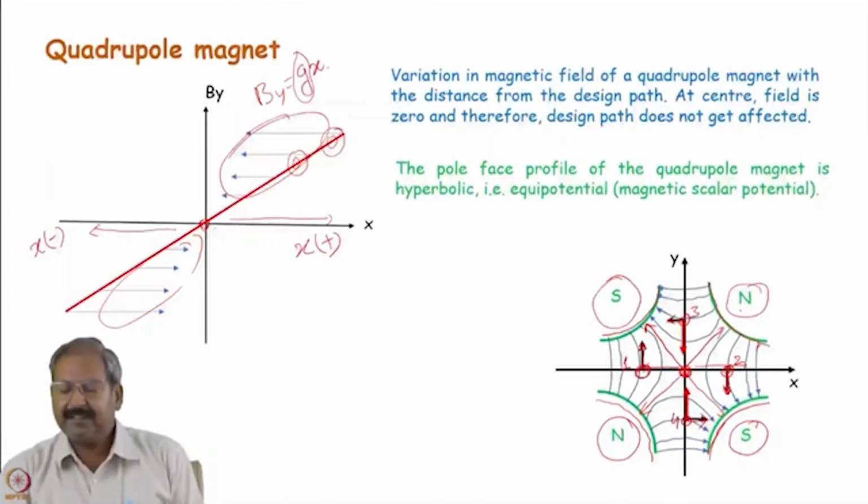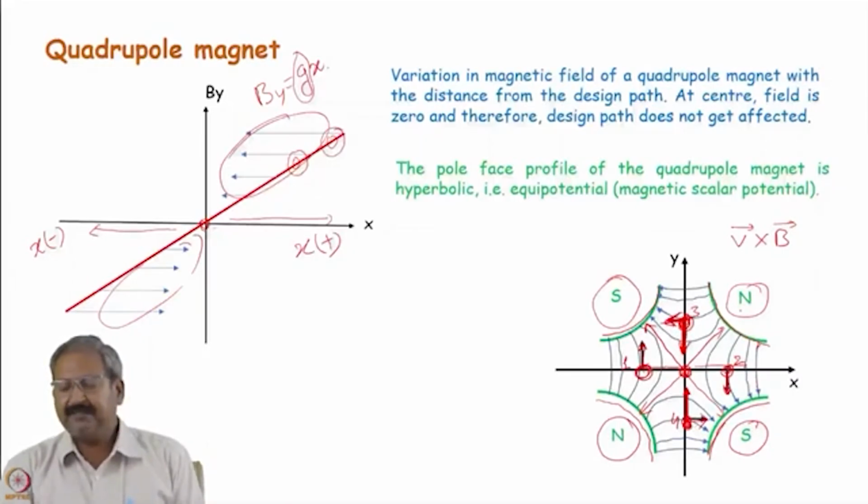Now suppose a particle comes here, at point 3 and point 4. If the particle is coming out of the screen, and the magnetic field is in this direction, the force will be V cross B. So V is outside the screen, B is in this direction, so the force will be in this direction.